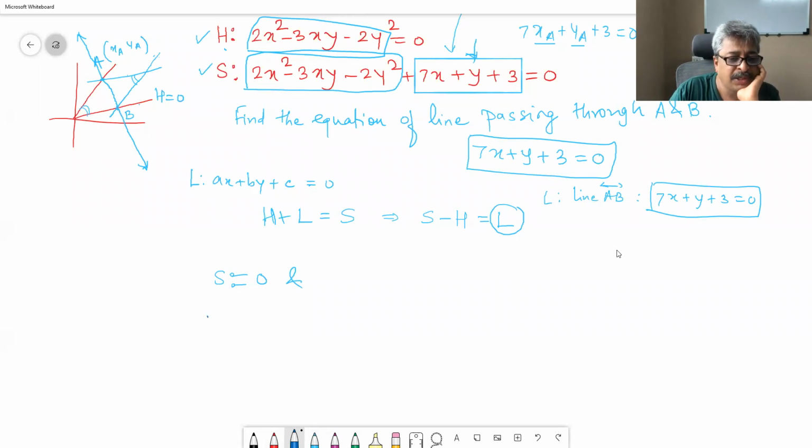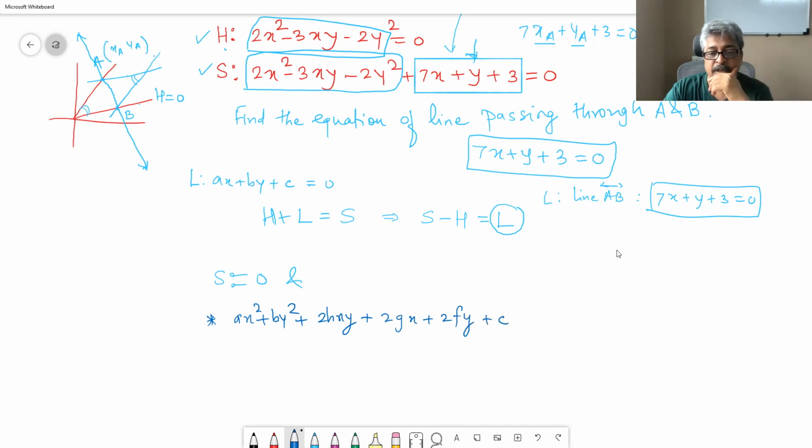Now, the next important thing that we are supposed to do is, if ax square plus by square plus 2hxy plus 2gx plus 2fy plus c is equal to 0 is a POL, not through origin, because these linear terms exist.